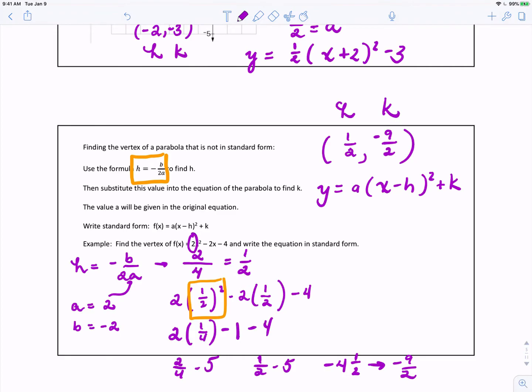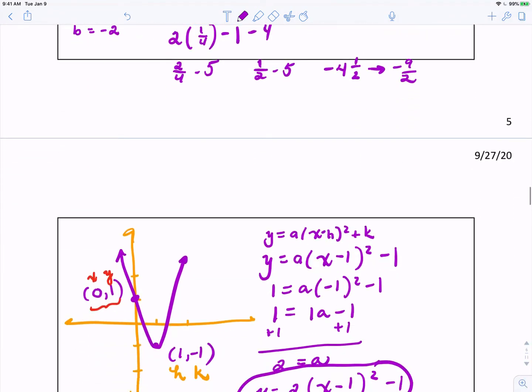We already knew that a was equal to 2. And so the equation in standard form would be 2 times x minus 1/2 squared minus 9/2. Okay, so that's how you find the vertex when your parabola is not in standard form.